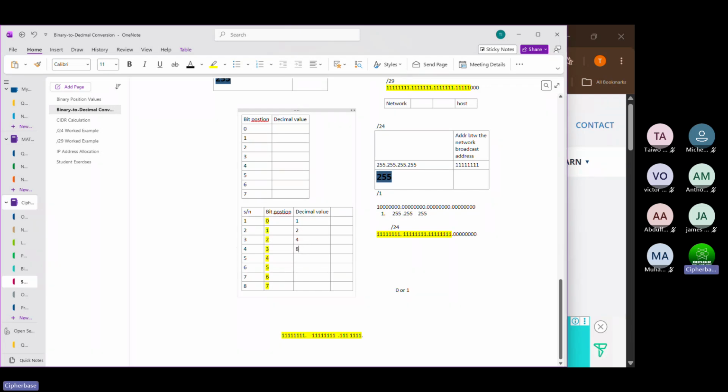We have 16. We have 32. We have 64. And we have 128.